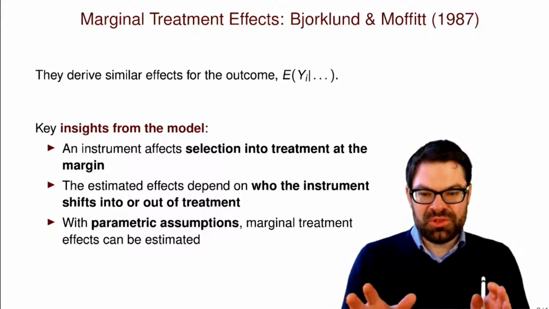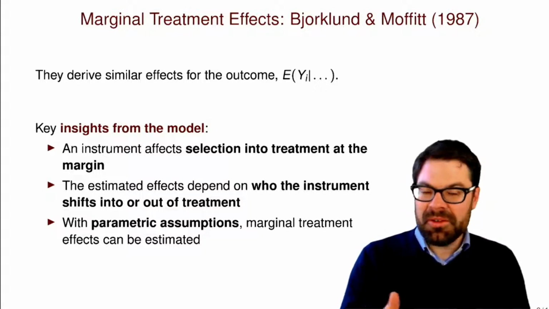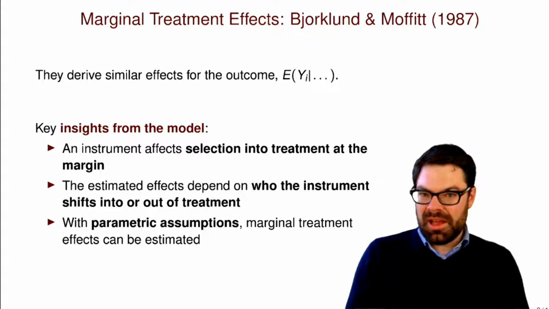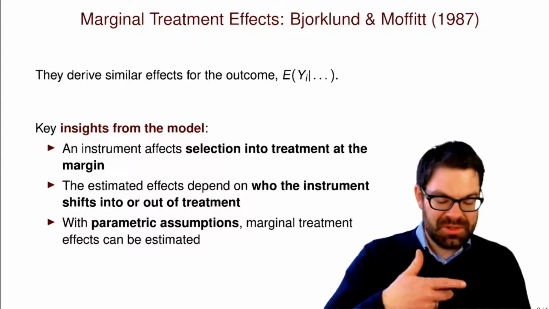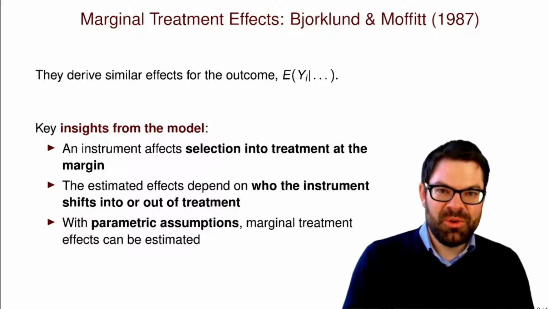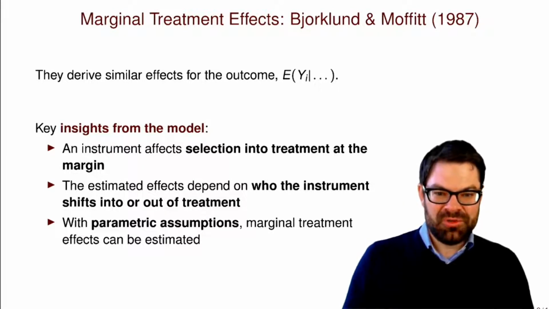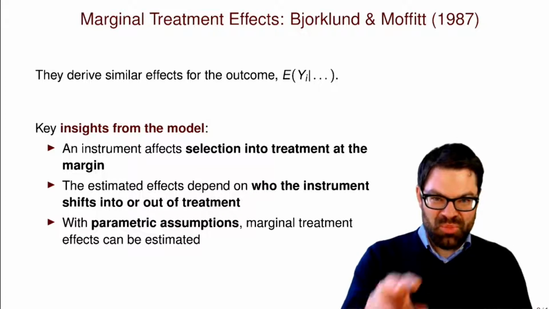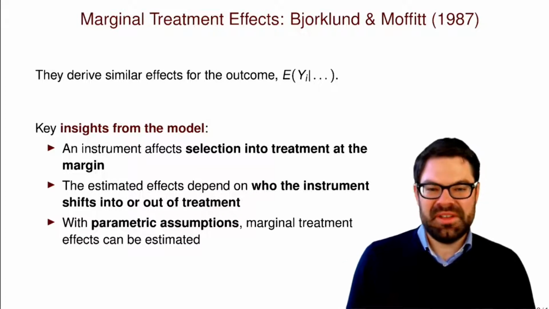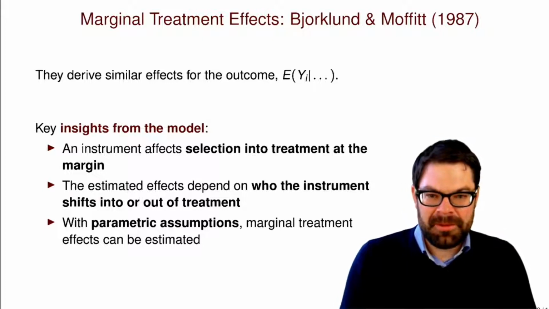So it's crucial. What is crucial to understand when you run your own IV analysis or even an experiment is that you need to know who the instrument shifts into or out of treatment. And if you can pinpoint that group, you need to tell us whether this is an interesting group that we want to study.